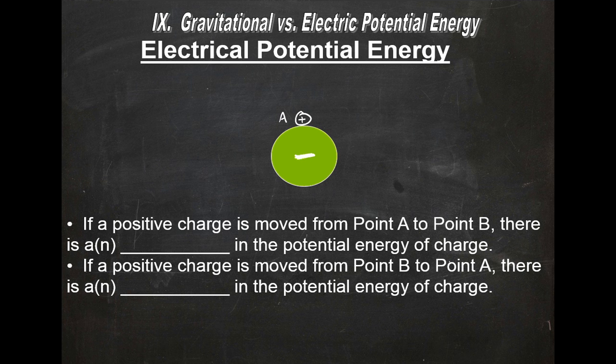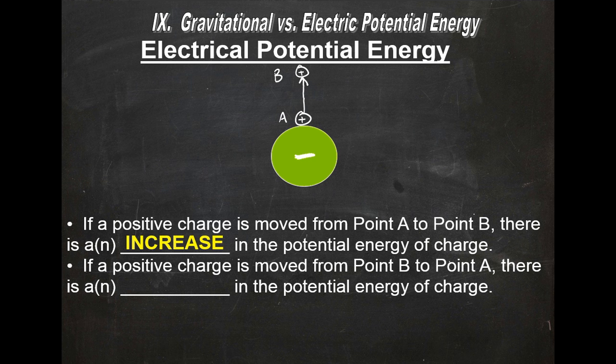Now, just like the mass was attracted to the ground, this positive charge would be attracted to the negative charge. If I was to pull this away, I would be doing work against the electrostatic force, working against it. And by pulling it away, I'm actually giving it more potential energy.